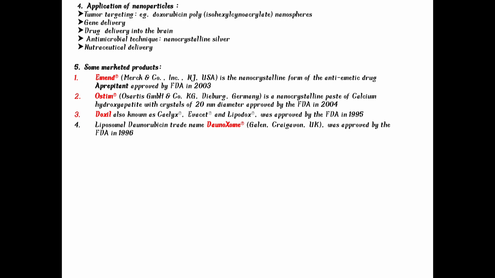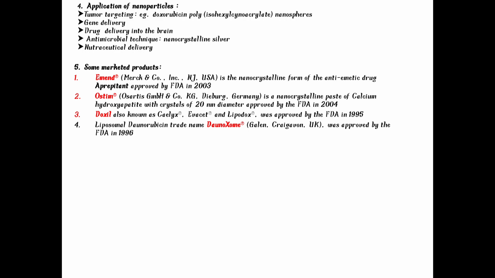Using nanoparticles, several research works have been done to cross the blood-brain barrier, and most of them have been found to be successful, because using nanoparticles we can lower the size to 100 nanometers and below, and by surface modification the drugs can be easily delivered into the brain.